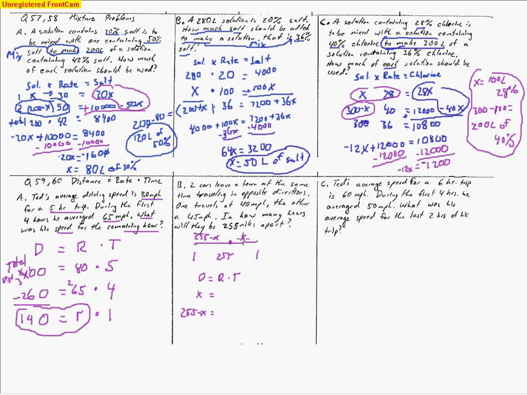Well, let's say the one that's going slower is 40. Now they left at the same time. So we don't know what that time is, but we know it's the same, so we use T. And instead of X, I'm going to change that to D so I understand what that variable represents when I solve for this. So I'm going to use D instead.